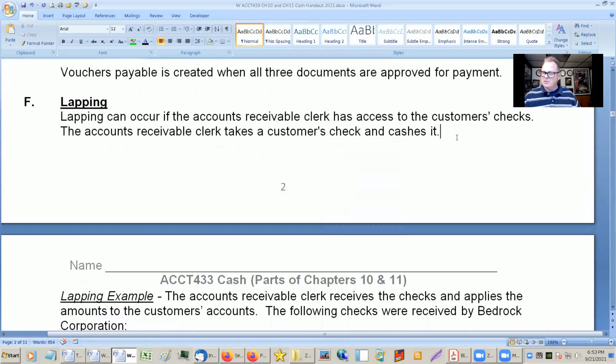Maybe they set up a bank account that has a similar name to the corporation they work at or whatever it is. But there's a problem though. The customer is going to know about it, because they're going to get a statement saying their account is owed. So lapping is when you take deposits from other customers and use them to cover up the theft. I'll show you in a second here.